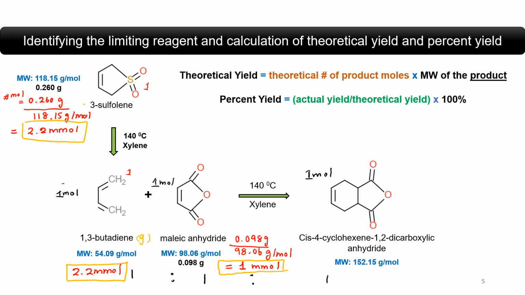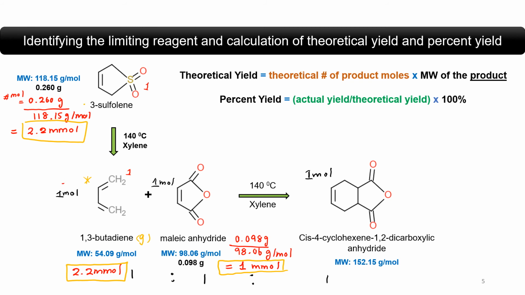Now this is our main reaction, and we look at the molar ratio. It's 1 to 1 to 1. So in this case, the limiting reagent is going to be the reagent that had the lower amount.